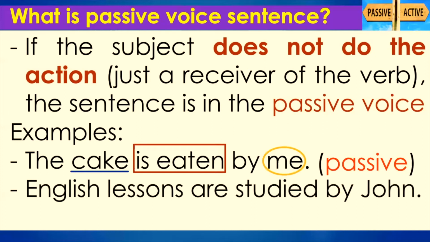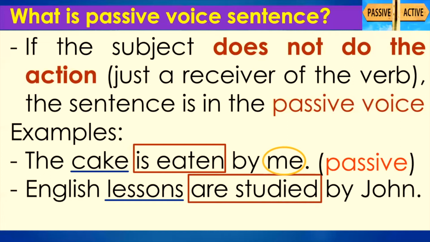English lessons are studied by John for our second sample sentence. What is our verb here? Yes, you are right. Are studied. Now, are here is a linking verb helping our main verb studied. So that is our verb here in this sentence. Or others would call it verb phrase. What is our subject? Lessons.